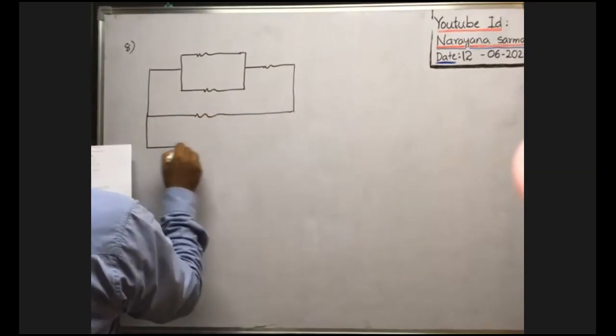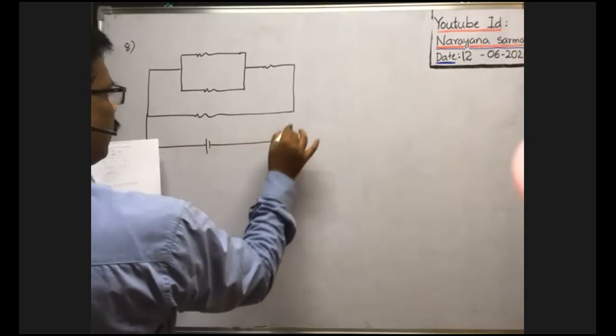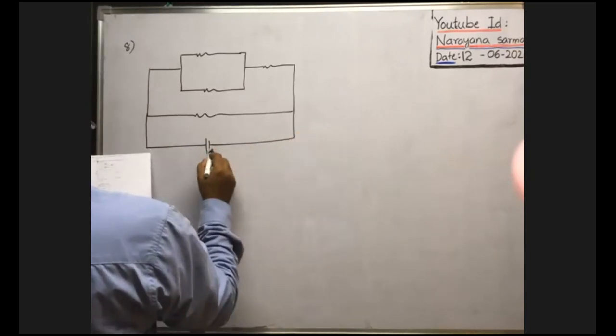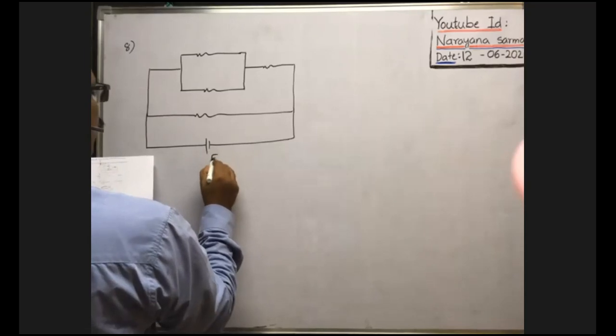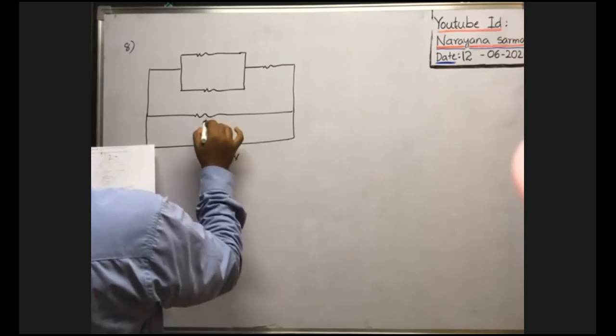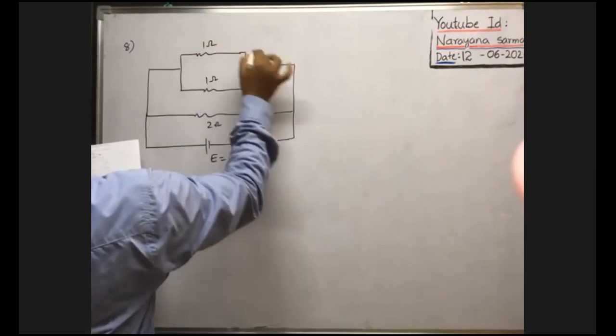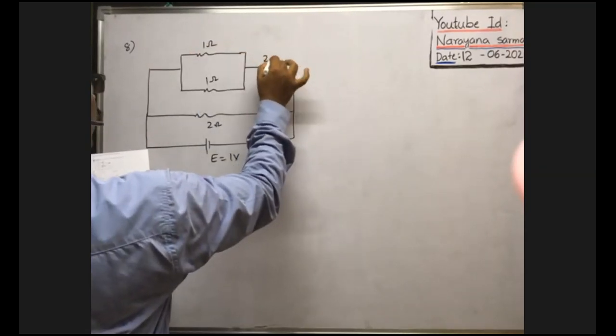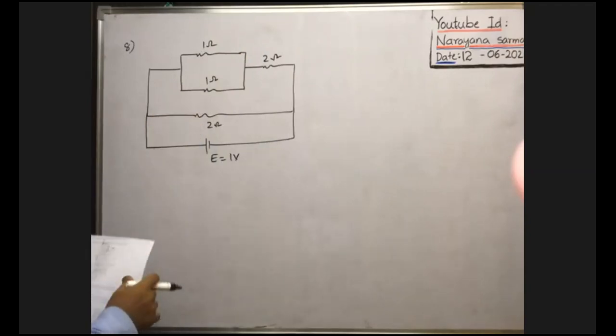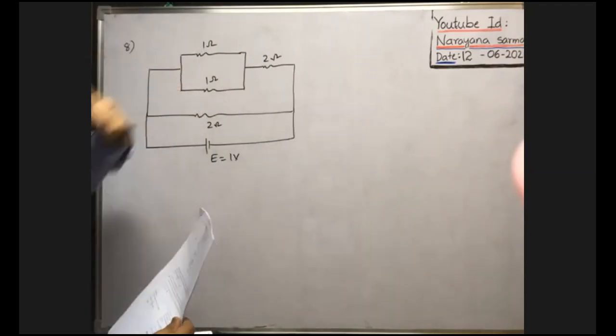And across this resistance, a cell having certain EMF is fixed. Here the EMF of the cell is equal to 1 volt, and this resistance is 2 ohm. This is 1 ohm, this is 1 ohm, and here it is 2 ohm. So what is the current passing through the 1 ohm resistance they asked?